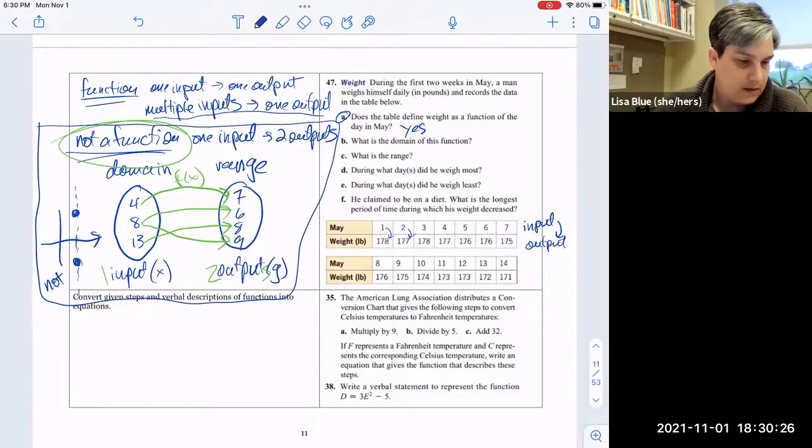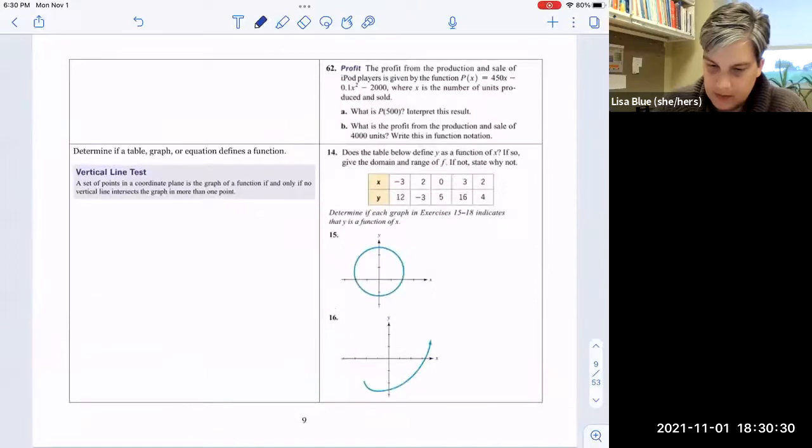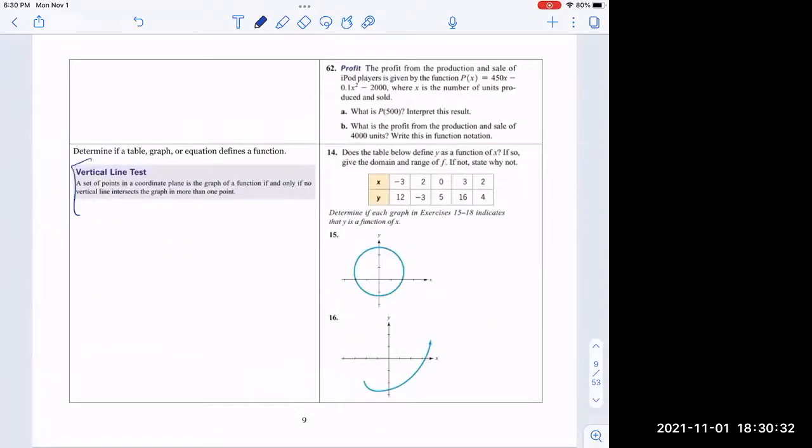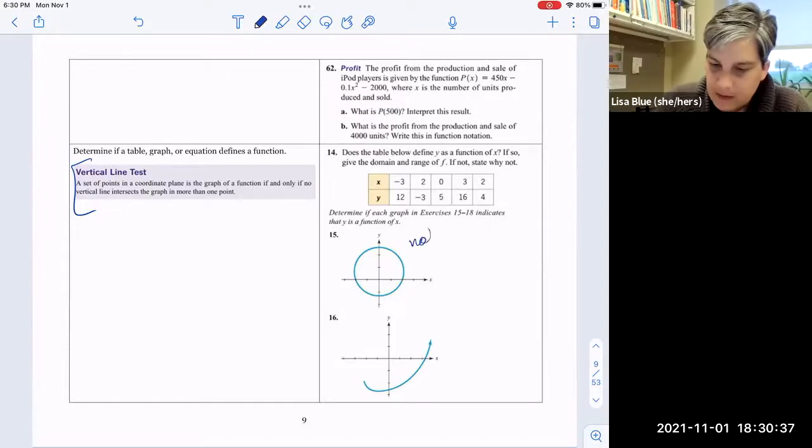If we go back to this page, the vertical line test, we see that number 15 is not a function. That's because for one X value, so one input, it's going to map to two outputs.